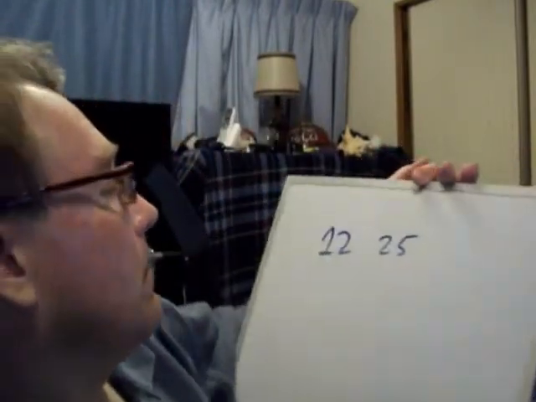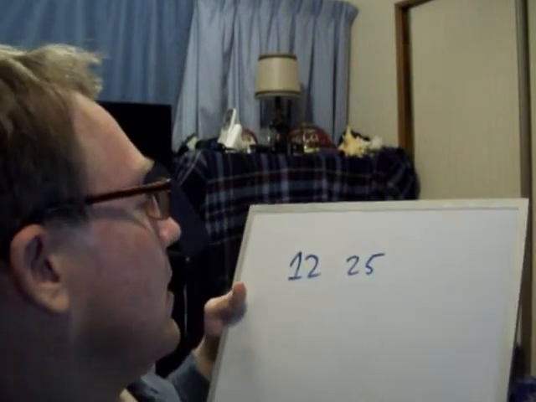You say, well, wait a minute. Well, let's see. Let's think of another number here that can actually be divided. How about 12 and 25? Okay? Well, that's not really a good example either.